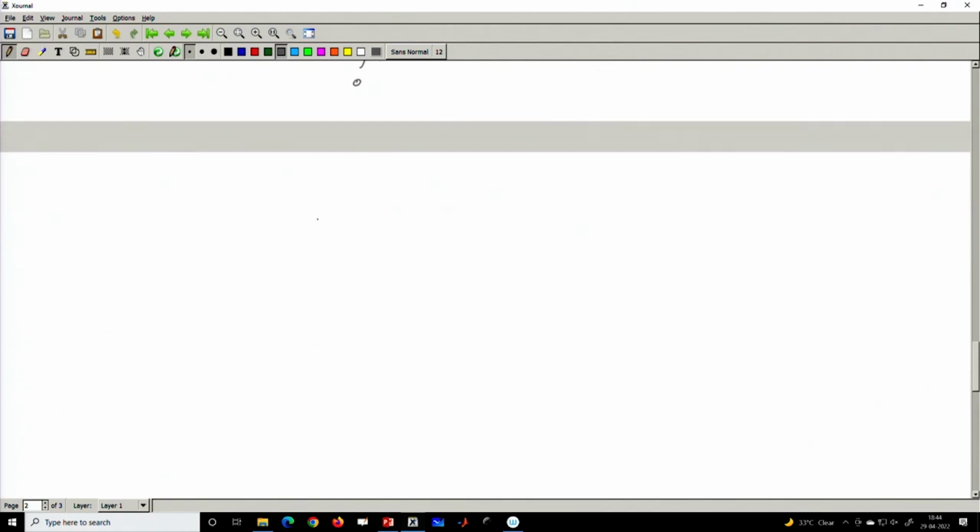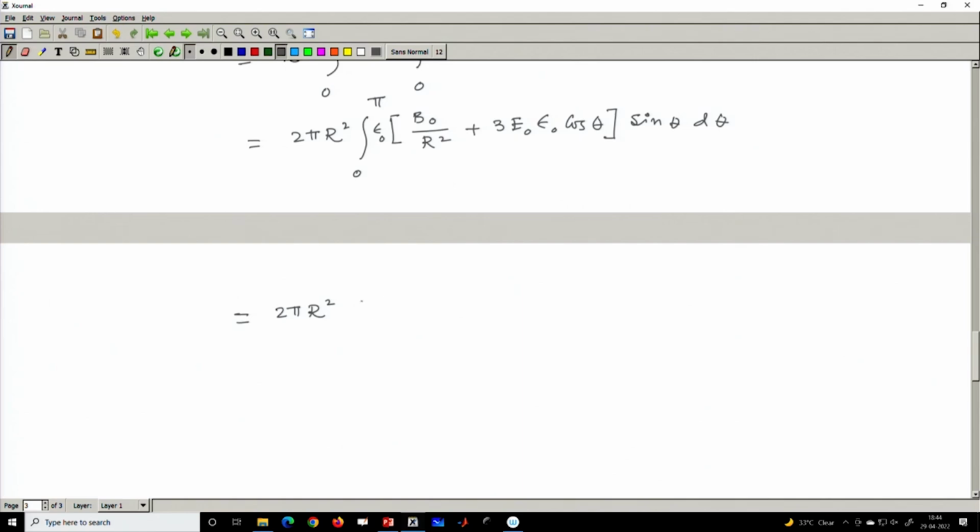Okay, so finally, if I execute this integration, we have 2 pi r square, and if I take epsilon 0 common for the first integral, epsilon 0 b0 divided by r square.